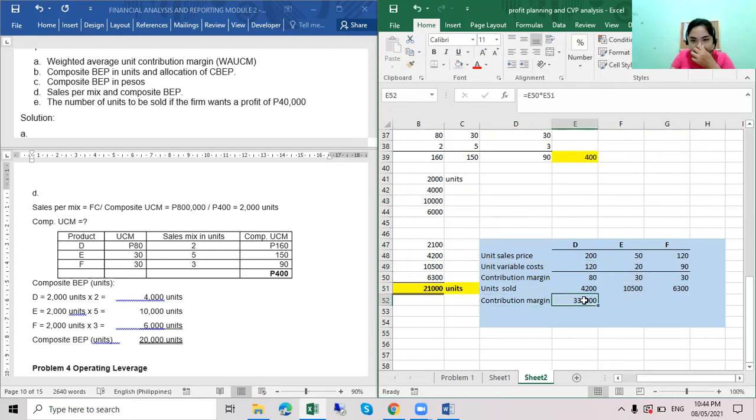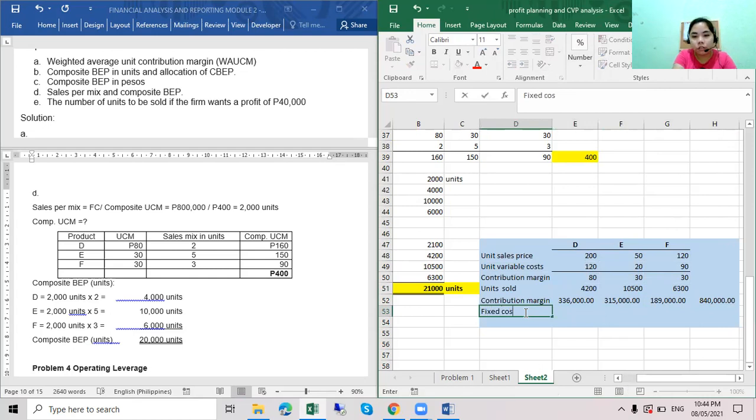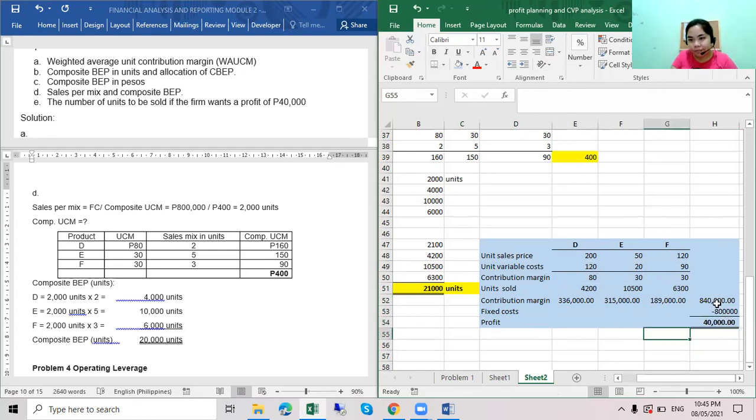If you total this, this is 100%. Less the fixed cost, the profit is 40,000. Okay, that's it for the class.